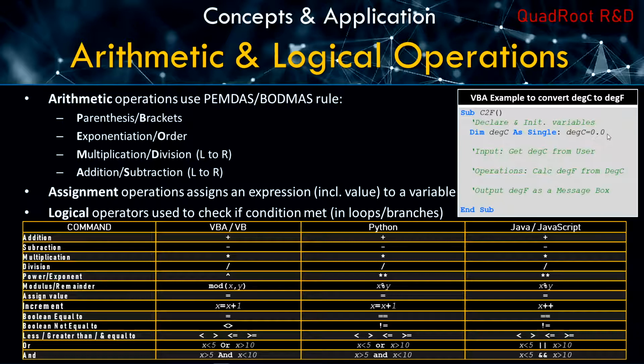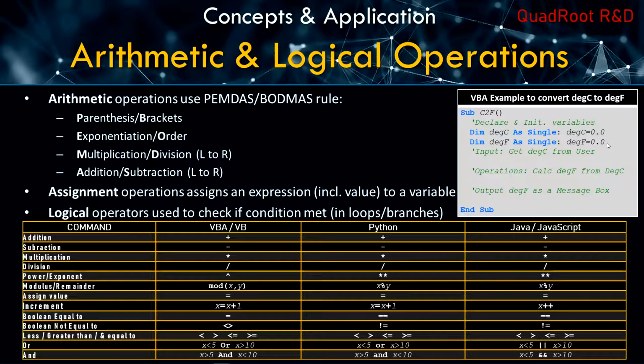And we also have to dimension the output variable, which is degreeF in my case. So Dim degreeF As Single, and then I've initialized it with the 0 value to start off. If you don't initialize it, then it will have a null value and it might create some problems.